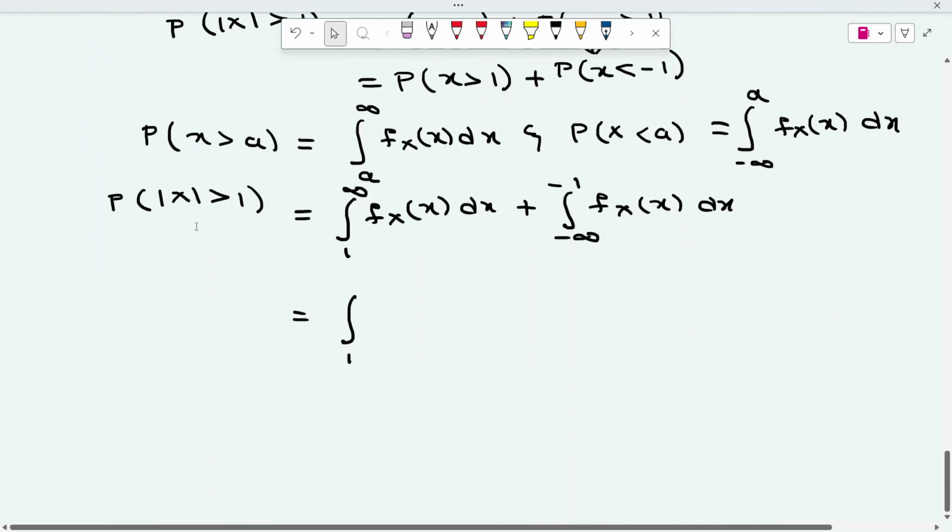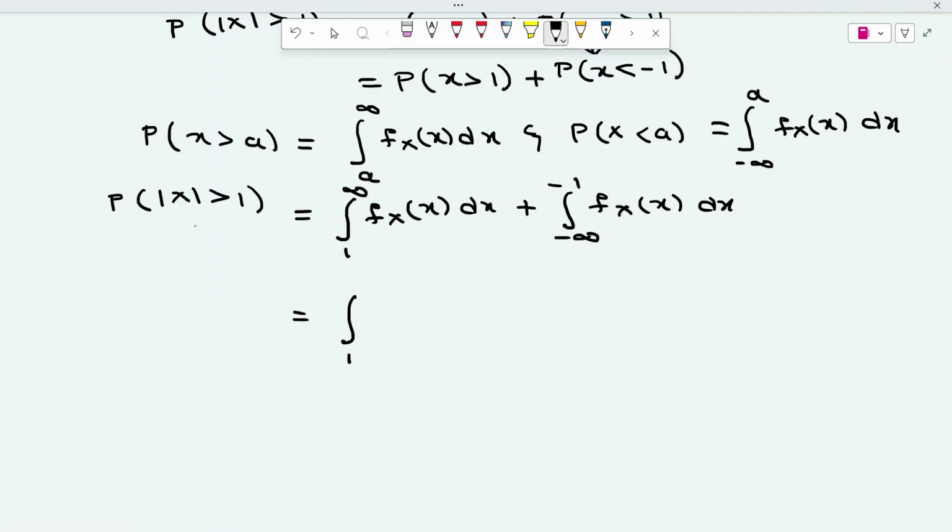So that is why here instead of infinity we are replacing with 2, fx of x dx, and similarly it is defined only from minus 2, so the lower limit is changed to minus 2 up to minus 1, fx of x dx.